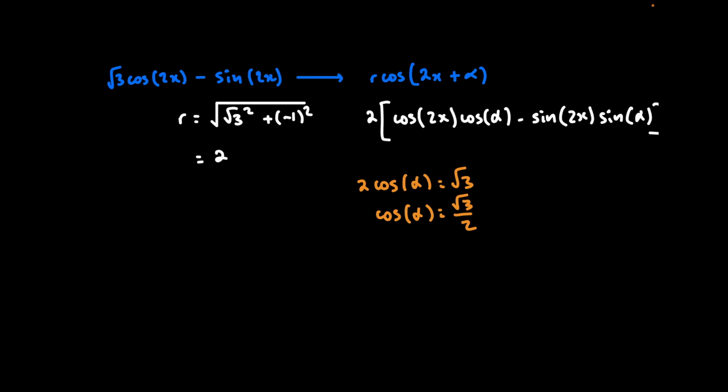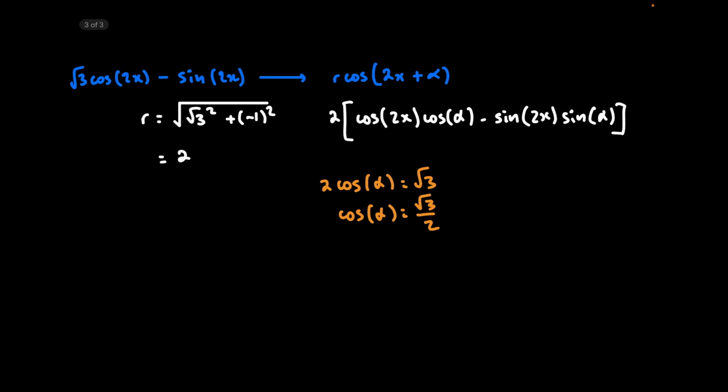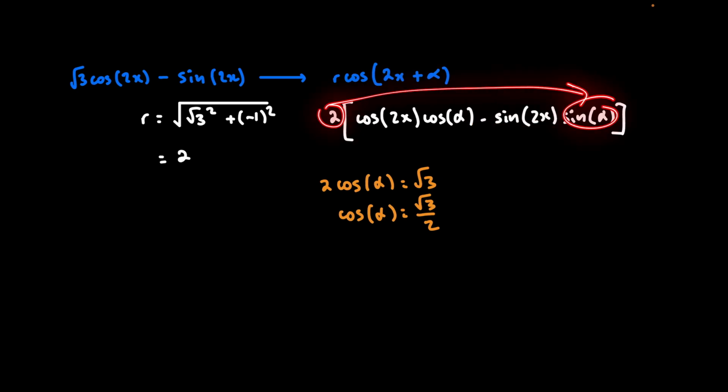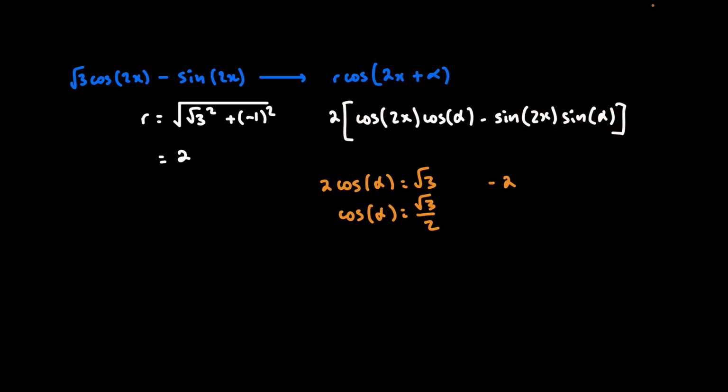Then we can compare coefficients for the next term. Negative 2 sine alpha is really just the coefficient of sine 2x, so negative 2 times the sine of alpha is equal to negative 1. That would just mean that sine of alpha is equal to a half.